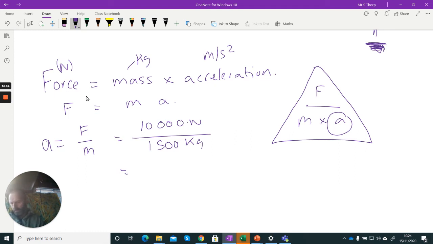So 10,000 divided by 1,500 is equal to 6.6666 recurring. So you would have to put this into 3 significant figures, so 6.67. And that's the units for acceleration again, meters per second squared. So remember, you might need to remember this equation, so 1 mark, do the sum, work out the answer, put it into significant figures and give the units. So sometimes there's lots of marks available for a question like this.